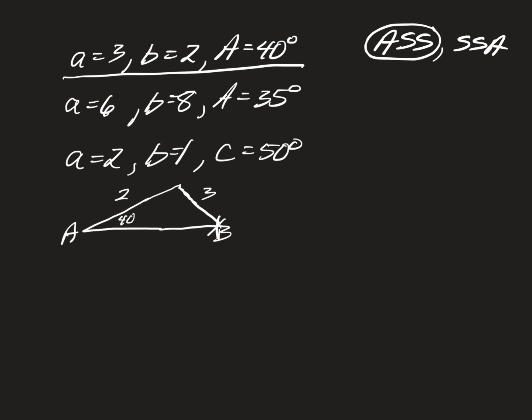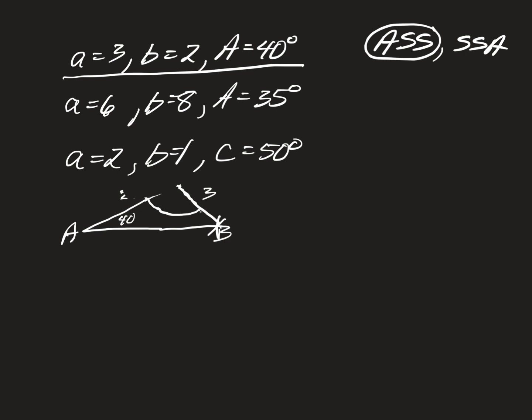And then that 3, it's longer than the other side, right? So you could swing it over here, but then it goes too far, you see that? So it doesn't create a triangle there, all right?